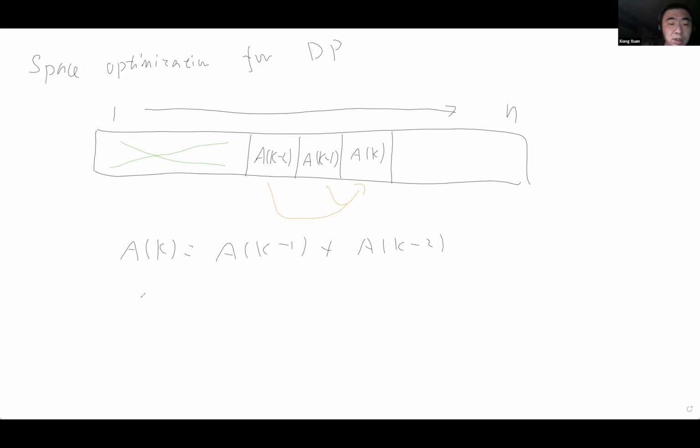Basically, you can further reduce the space from n to 2. Okay, from n to 2. This is because of how you're updating the new value, right?